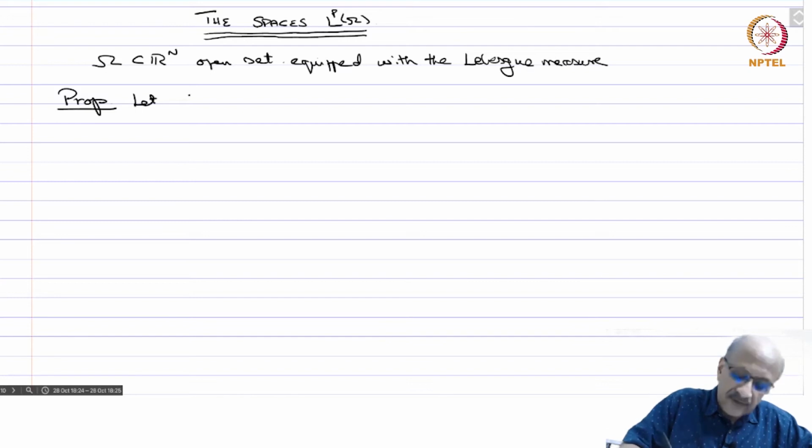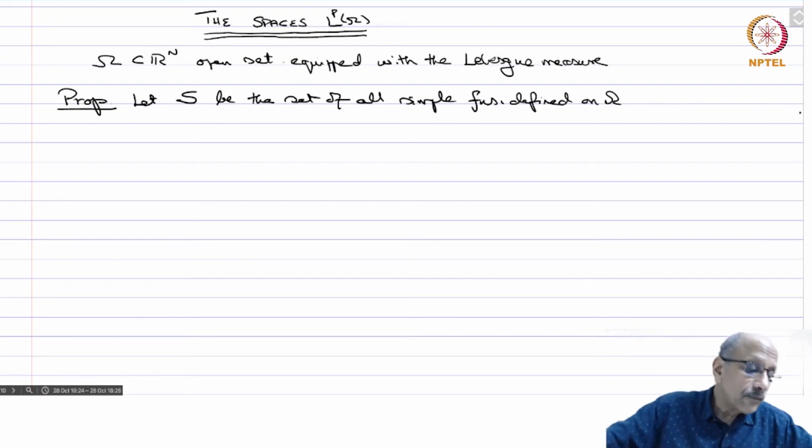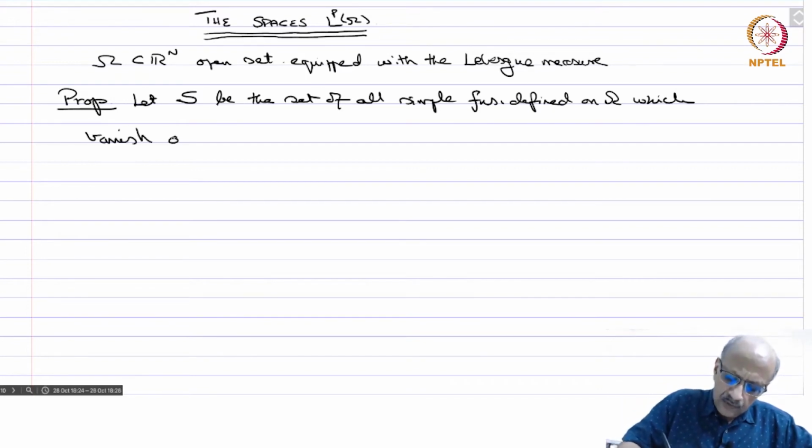Let S be the set of all simple functions defined on Ω, which vanish outside a set of finite measure.